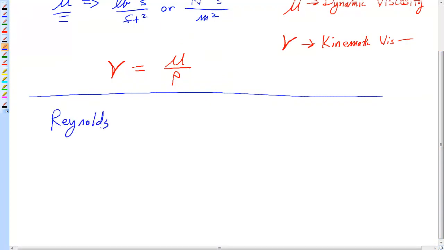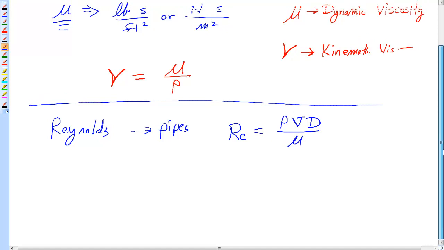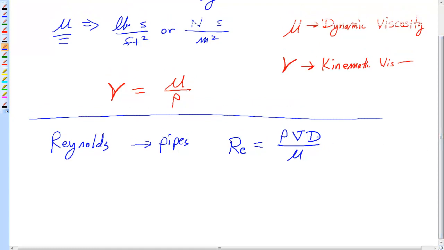Now, we will get into this a lot more later, but the Reynolds number, generally for pipes, is usually written something like that, and it's defined as rho, the velocity in the pipe, diameter of the pipe, over the viscosity. And generally speaking, it's the dynamic viscosity. So you can see right off that you could write this number like this.